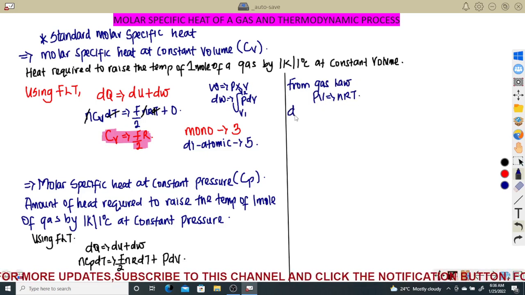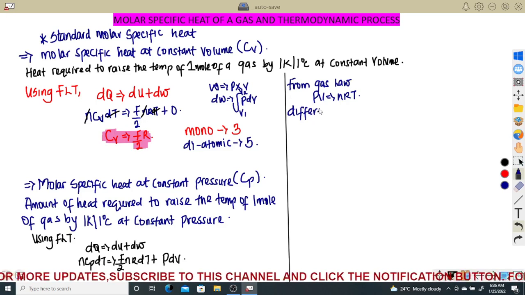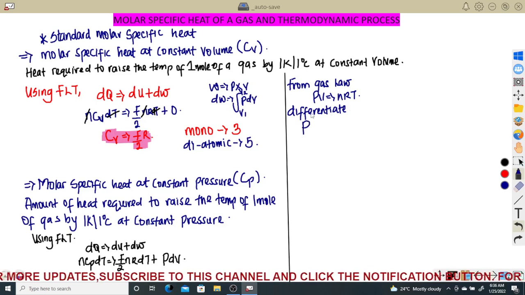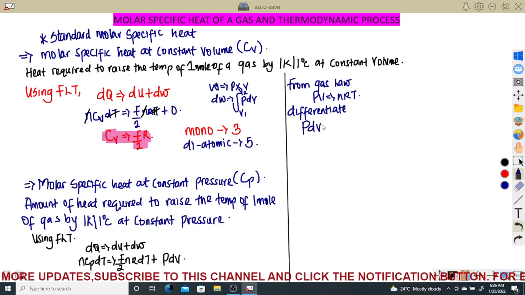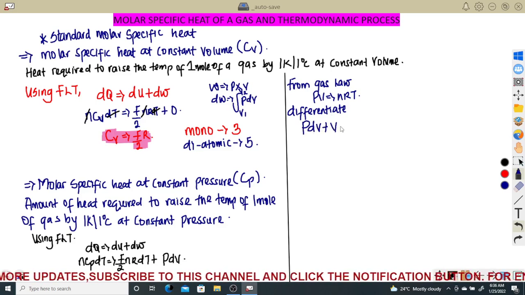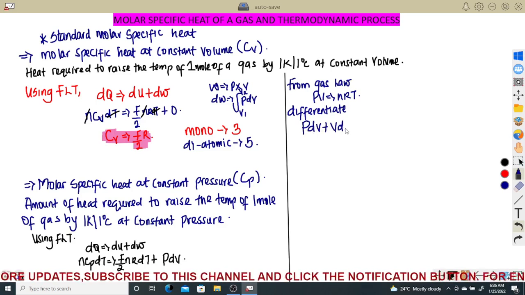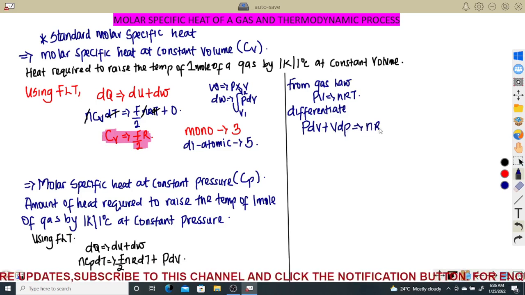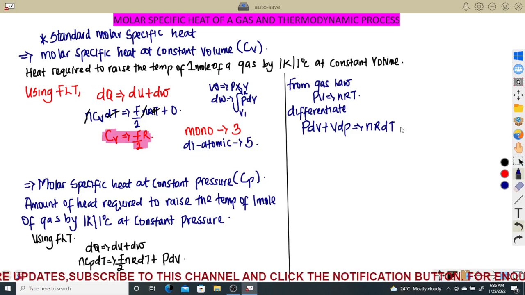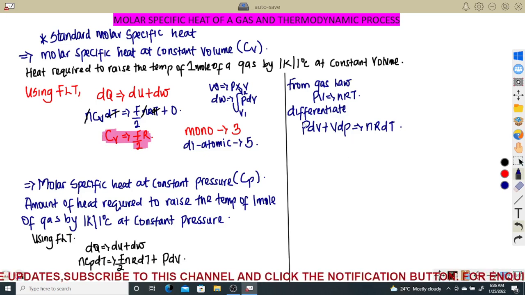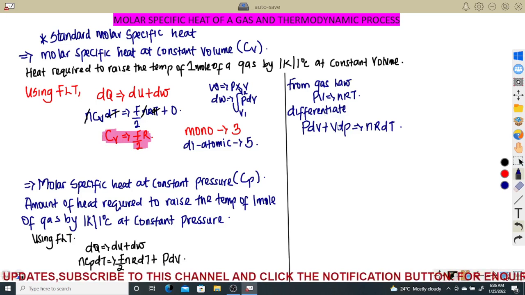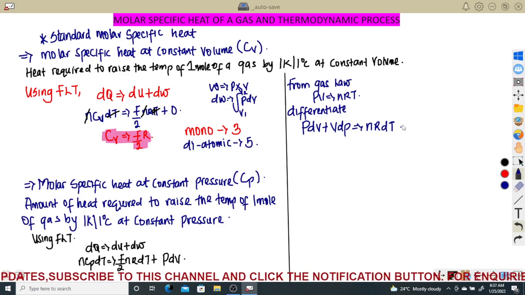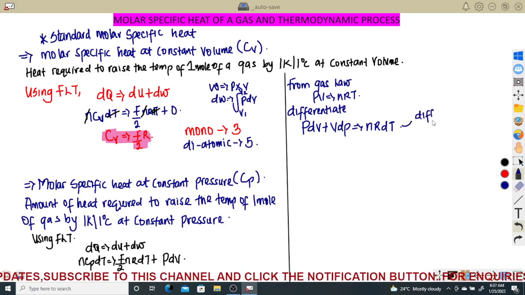So we differentiate this. Using the product rule, we have P dV plus V dP equals nR, which is a constant, times dT. When you differentiate the gas law, PdV plus VdP equals nR dT is called the differential form of the gas law, which you can also keep in mind for now.